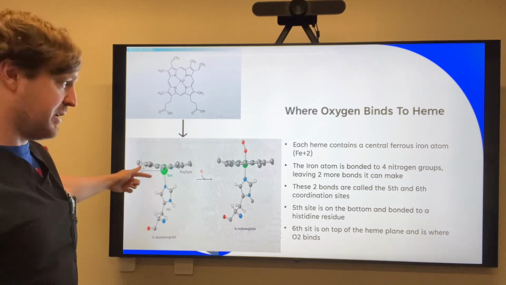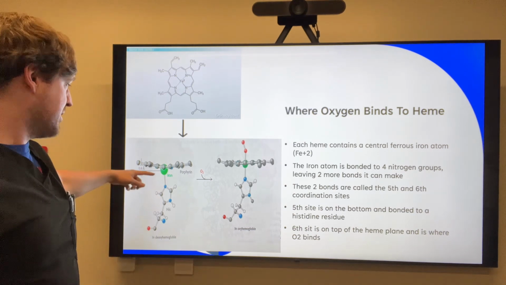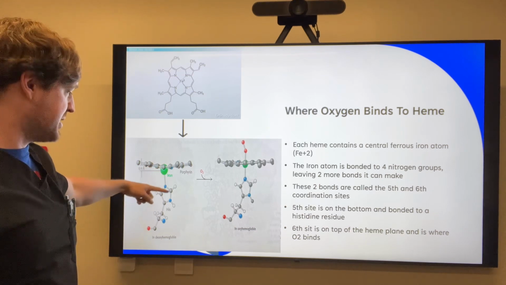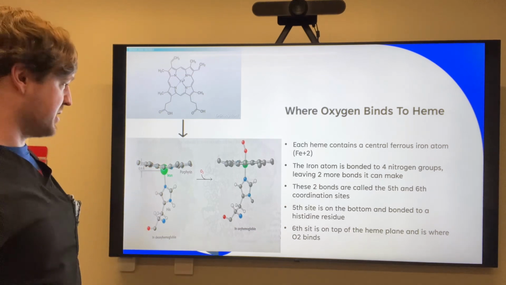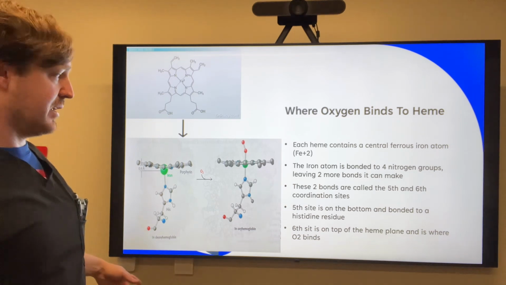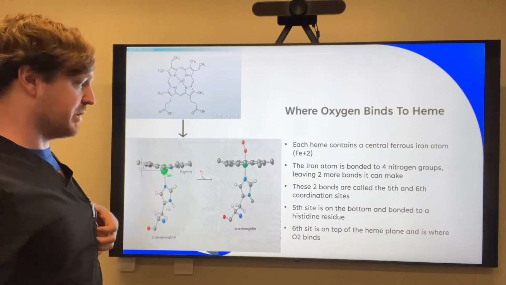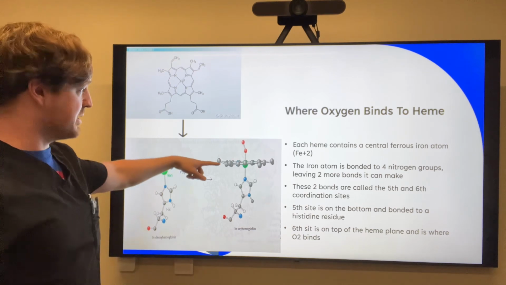The bottom spot is called the 5th site, and this is bonded to a histidine, which actually connects to the helix, which we'll see in a second. And then the 6th site is on the top of the heme plane, and that's where the O2 binds.